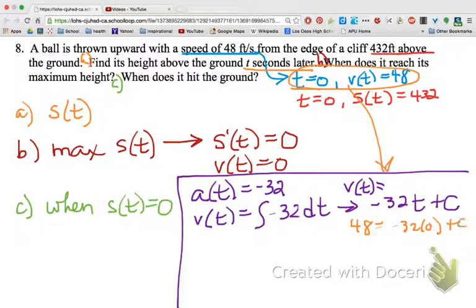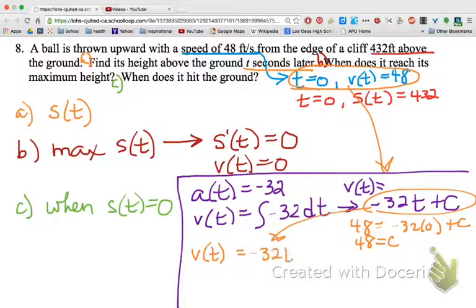And I'll find out that c is 48. So now I know the specific velocity function is negative 32t plus 48. So I go, I'm doing good so far, but I got to get to position. So that means I got to take another antiderivative.